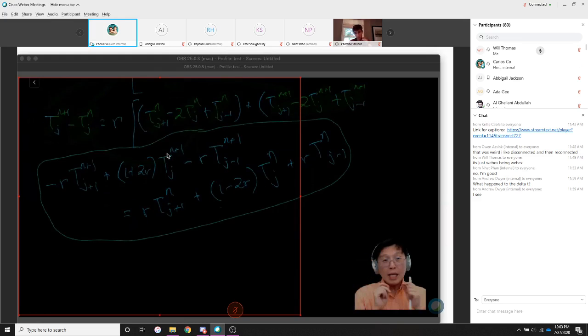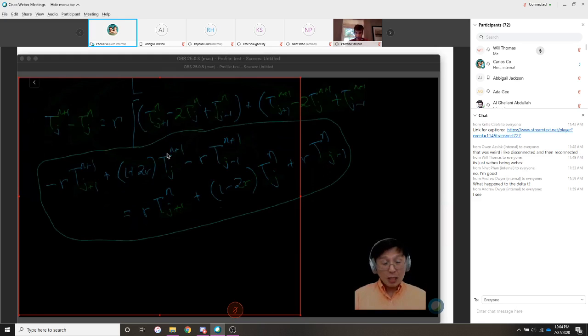So let me emphasize this. We know the temperature profile at time equal to 0, let's say at n equal to 0. So we know all of these values, these ones we know. And we want to increment to a later time, n plus 1. So all of these temperatures at a later time, n plus 1, you do not know.